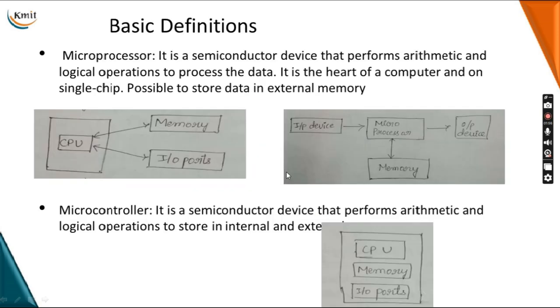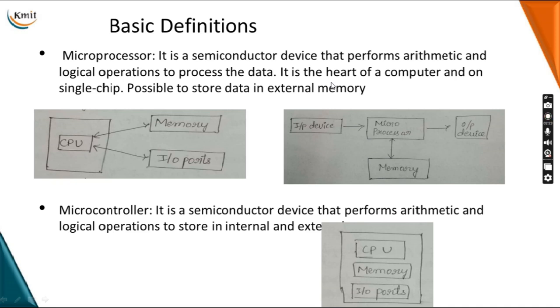As a whole, we can call a microprocessor the heart of the computer. As you all know, for a human, if the heart works, the human keeps working. If the heart fails, the human dies.